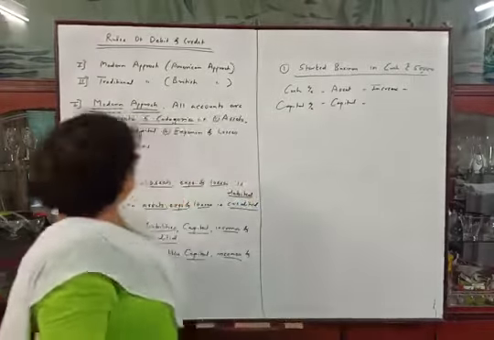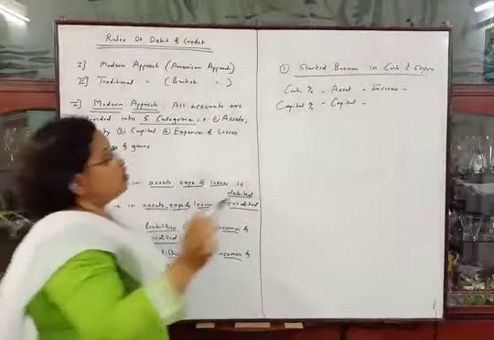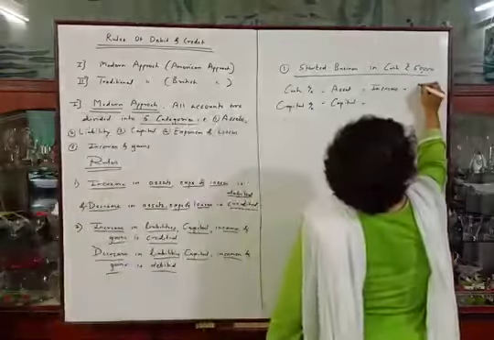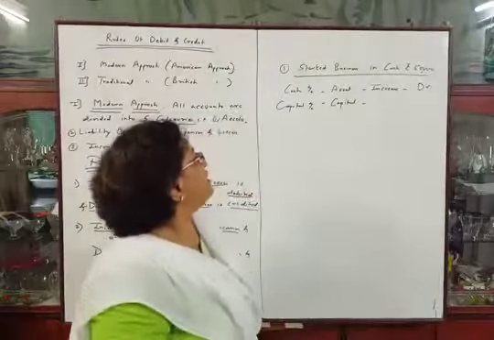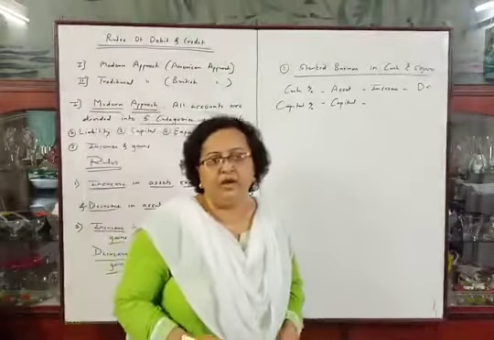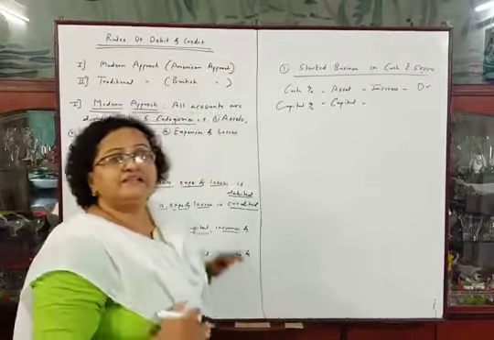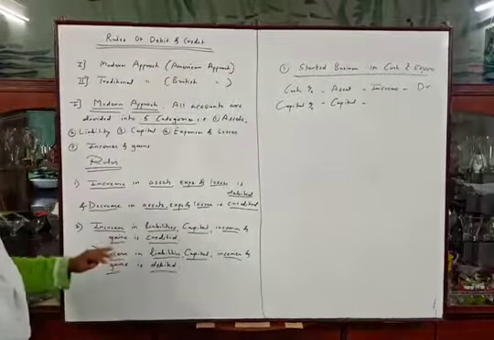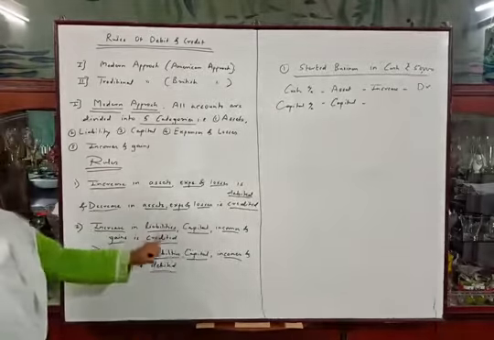And this rule says that increase in assets is to be debited. So we have to debit this account, the cash account. This is the short form of debit. Now capital. For deciding debit or credit of capital, we have to apply the second rule. This rule says that increase in liabilities, capital, incomes and gains is credited.